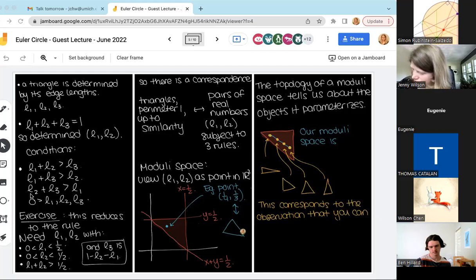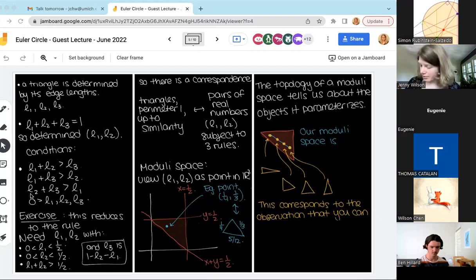It's got an edge of length 1/4, an edge of length 1/3. In fact, the edges are labeled. So edge number 1 has length 1/4. Edge number 2 has length 1/3. And if I've done my arithmetic correctly, the last edge has length 5/12. Okay. And so, again, every point in this triangular region corresponds to one of our triangles, and every triangle corresponds to some point in this region.